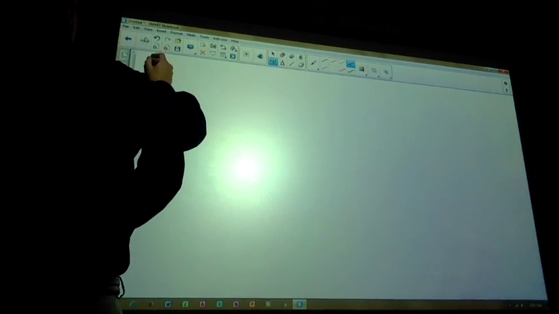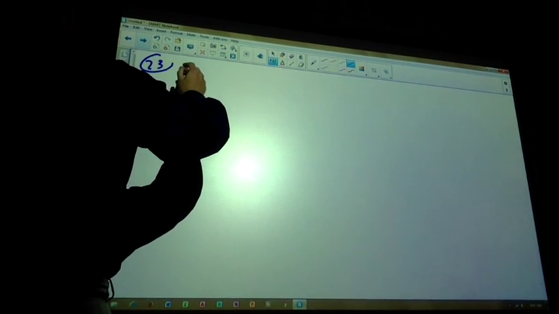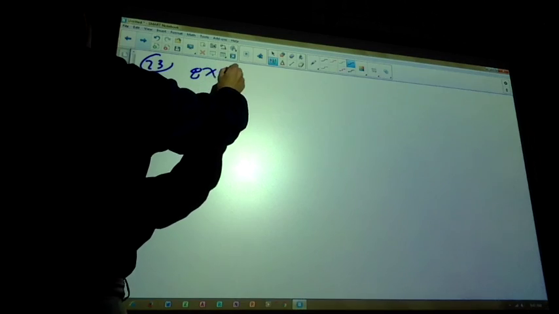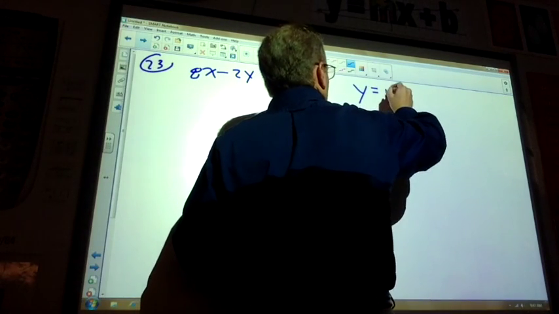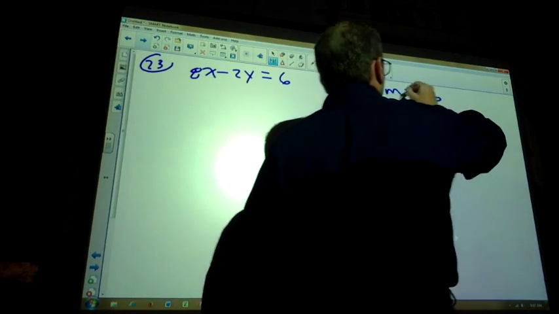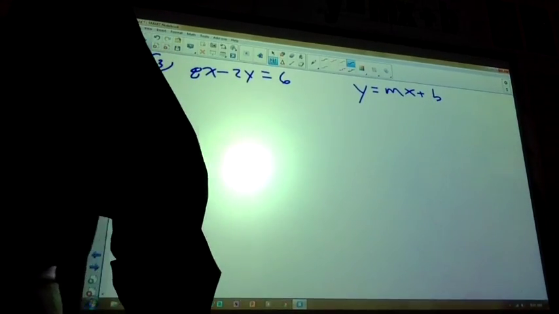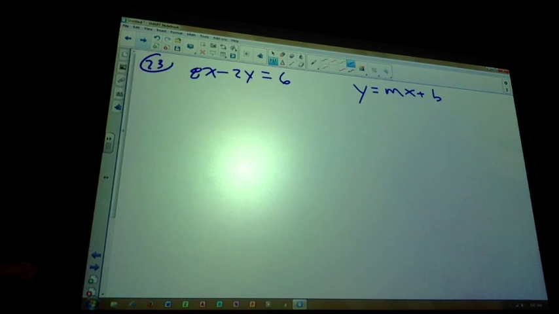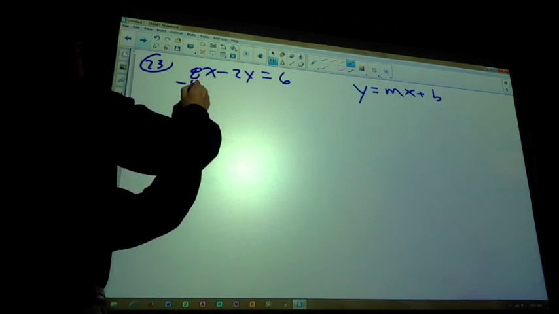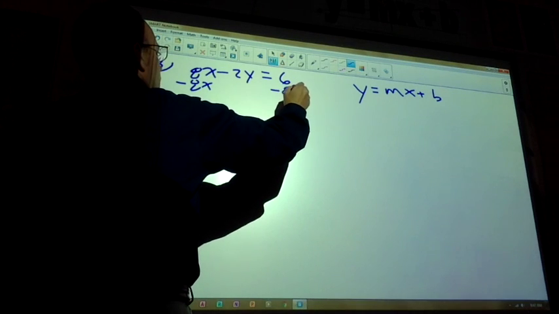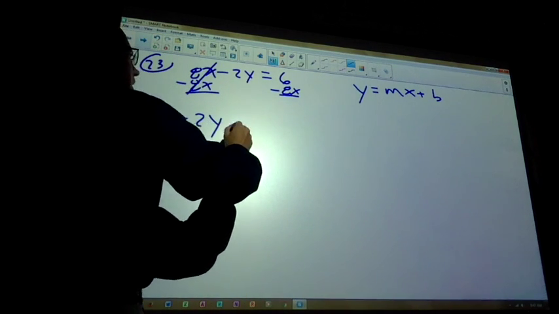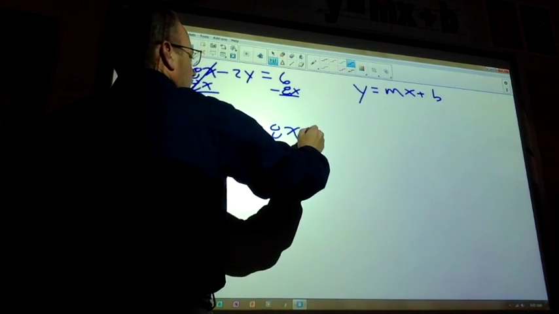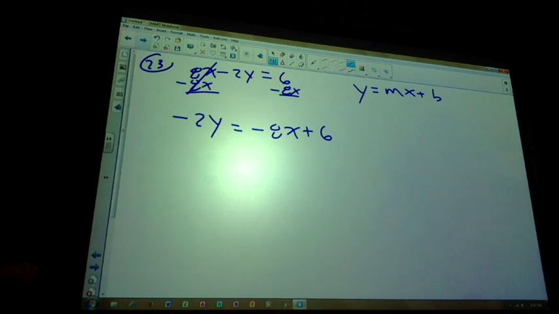All right, number 23. I want to make this look like this. So I want y by itself. So how am I going to do that? Subtract 8x. Can I combine 8x and 6 together? Nope. So those are gone. So I get negative 2y is equal to negative 8x plus 6. Why is it plus 6, not minus 6?